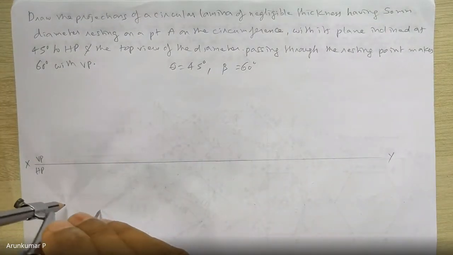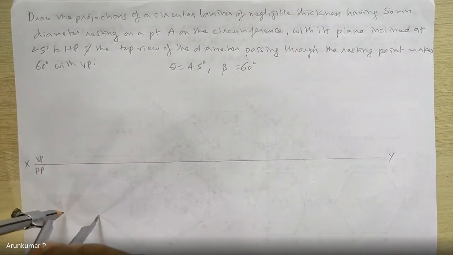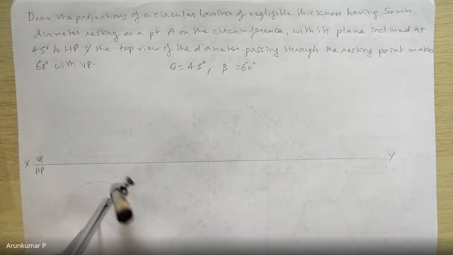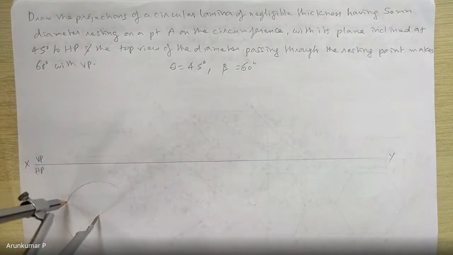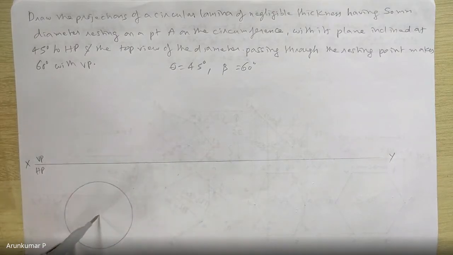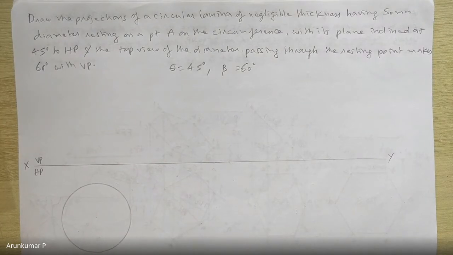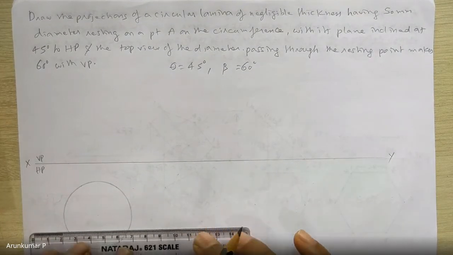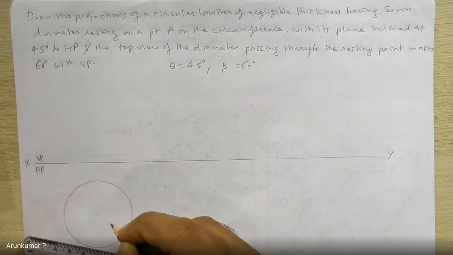So I'll start with the top view. This is a circle of 25 mm radius and 50 mm dia. This is the center of the circle.